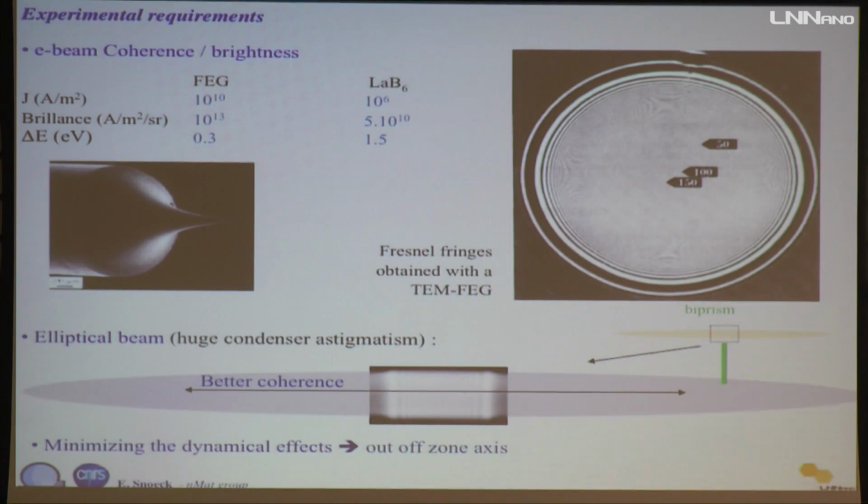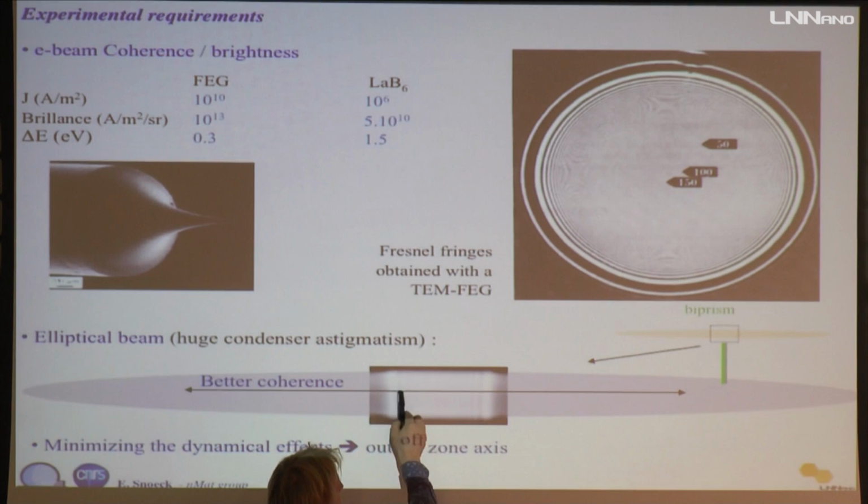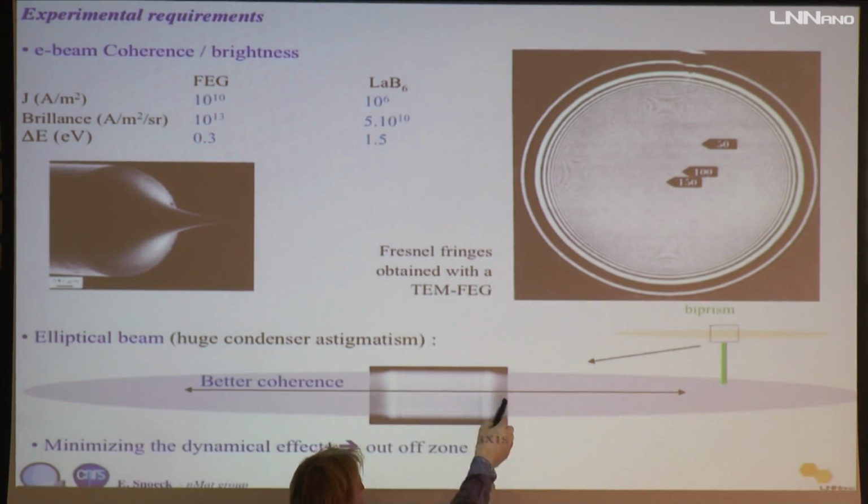In the case of electron holography, what you want to do is have a very astigmatic illumination, like that, and you have these interference fringes. You put the biprism here in order to have overlap of these two parts and have fringes, which have very good contrast here.